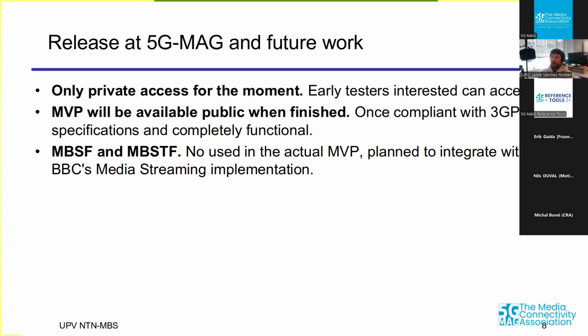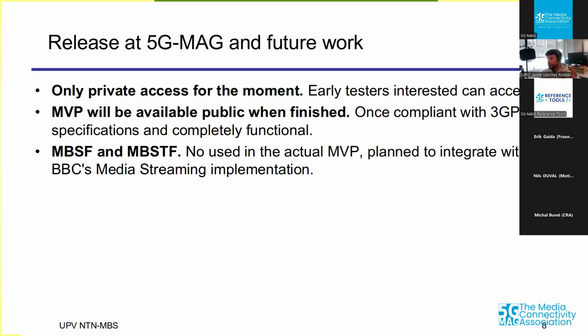Okay, so right now, since the service doesn't require any additional functionality, we are not using the MBSF and MBSTF. These network functions are related to service layer functions. Right now we are transmitting video, so we don't need this.